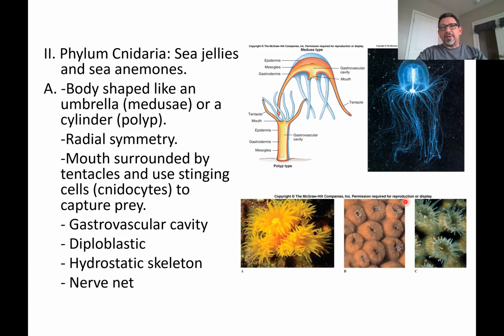With the phylum Cnidaria, we actually find a well-defined radial symmetry. And that simply means, as you recall, that the body of the animal can be cut exactly in half and produce equivalent mirror images. For the phylum Cnidaria, we are going to see animals that have a gelatinous body.